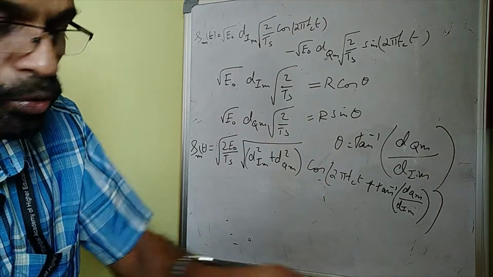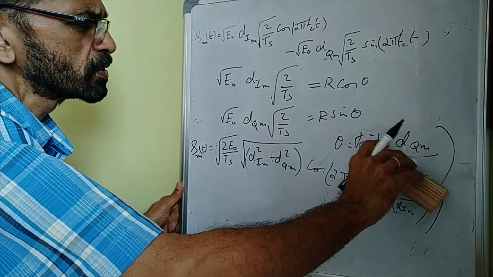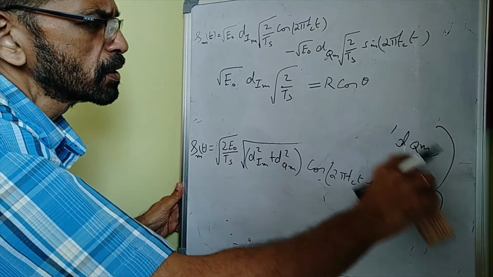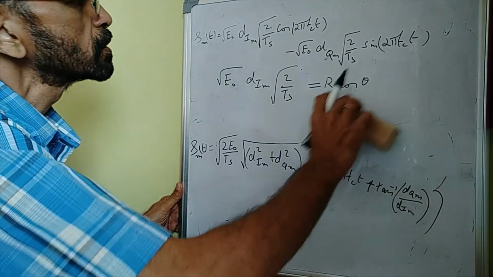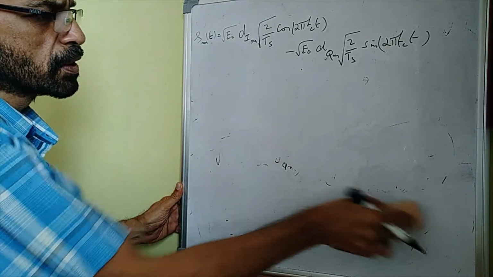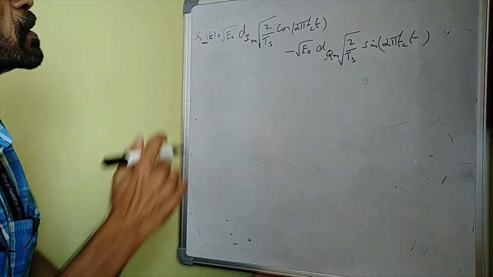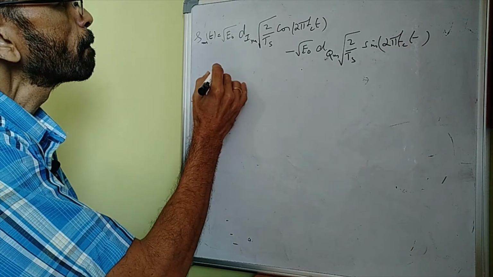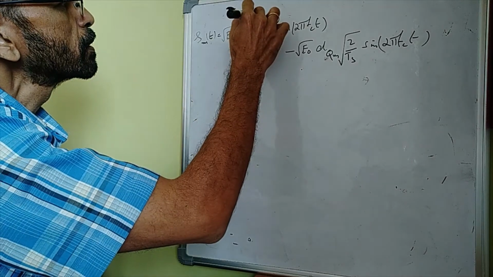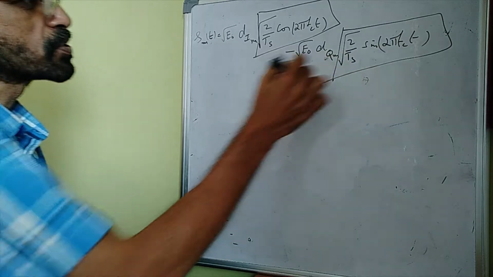Now let's move on to the constellation, the signal space. So again, with the help of this, we note that the carrier components or the basis functions are this.